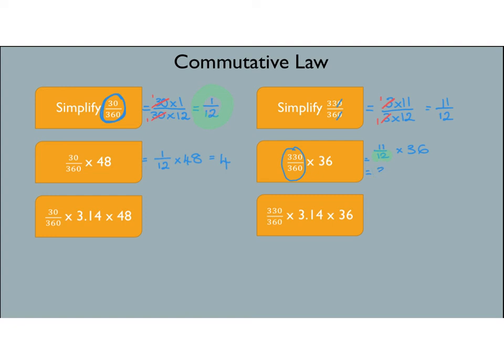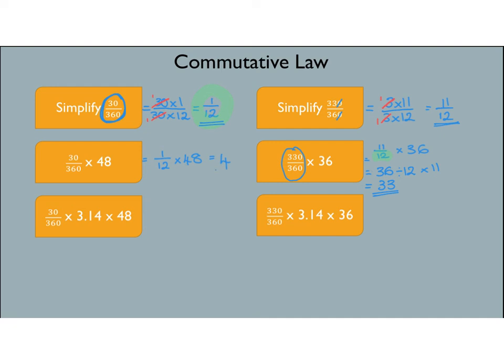So we're going to do 36 shared by the number on the bottom and times by the number on the top. So 36 divided by 12. 36 divided by 12 is 3. 3 times 11 is 33.